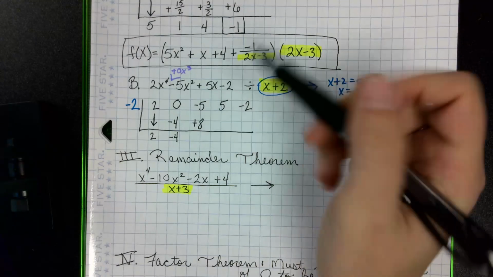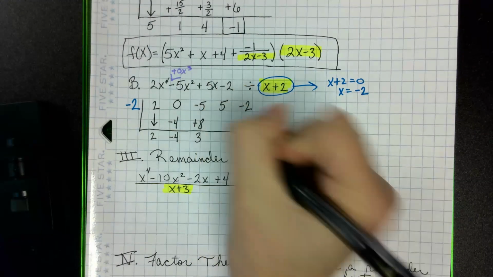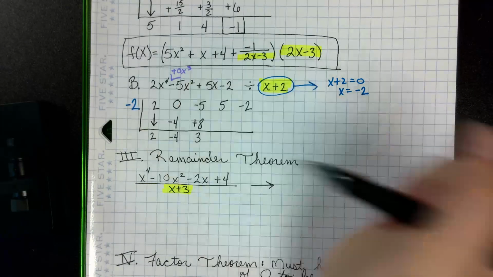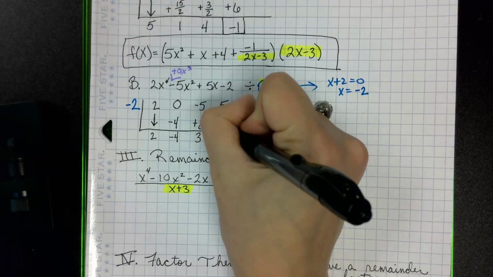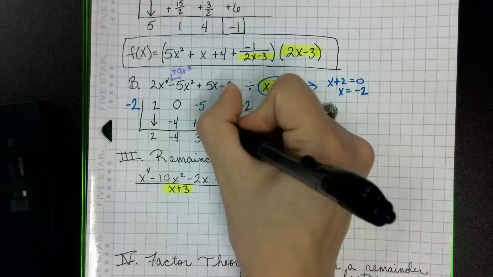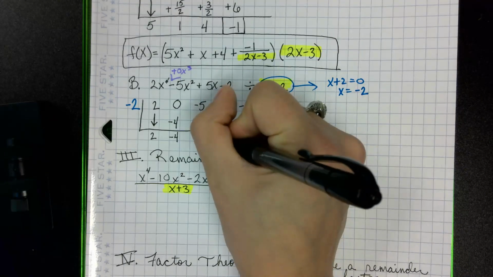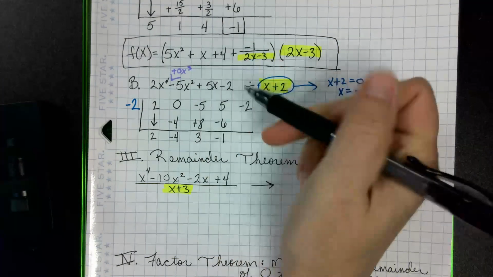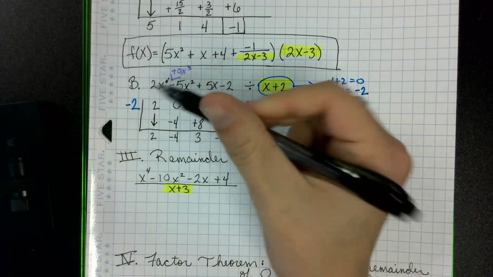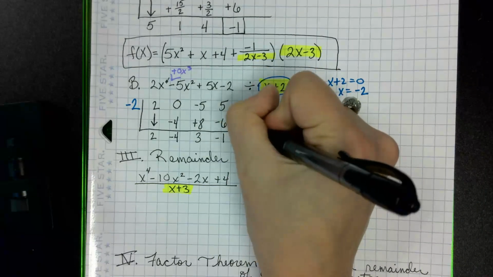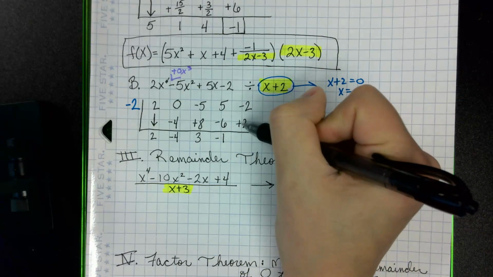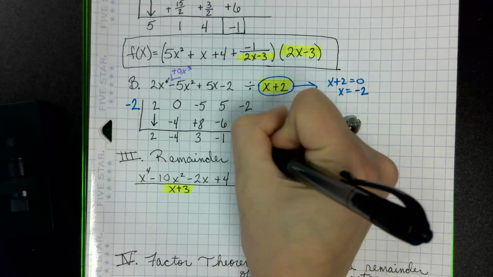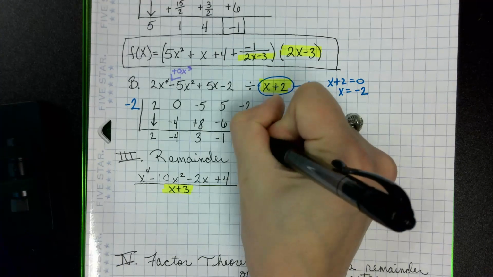Negative 5 plus 8 is 3. 3 times negative 2 is negative 6. 5 minus 6 is negative 1. Negative 1 times negative 2 is positive 2. And negative 2 plus 2 is 0. The last number is always the remainder, so I put it in a box.